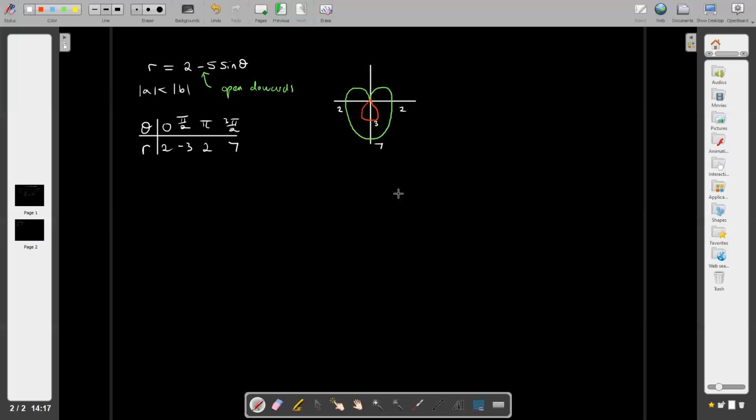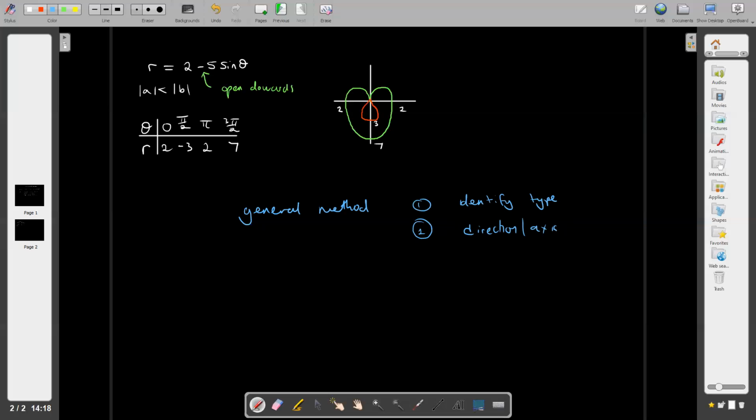So this is the first example that we're going to look at, an inner loop limacon. The general method will be: 1, identify the type of limacon, whether it's inner loop, cardioid, or dimpled. 2 is get the direction and the axis.